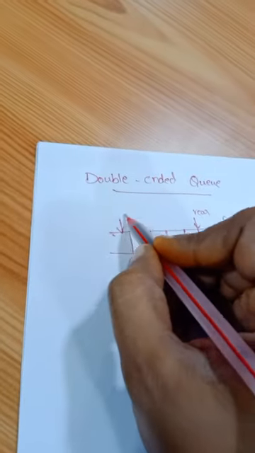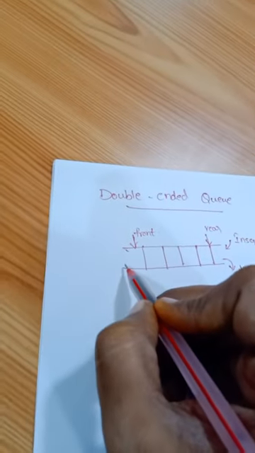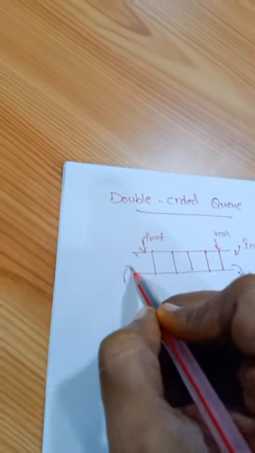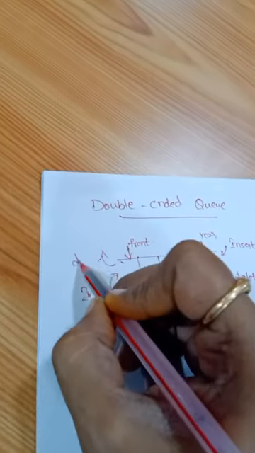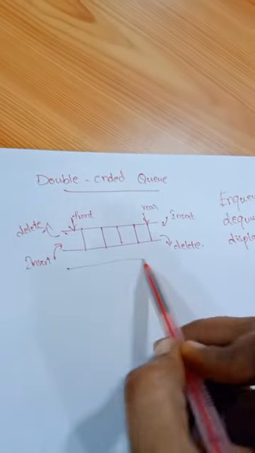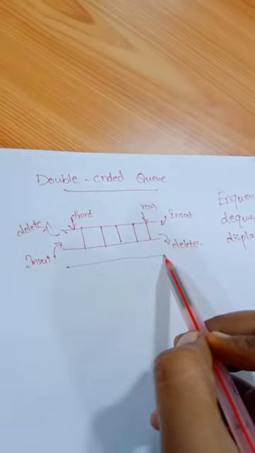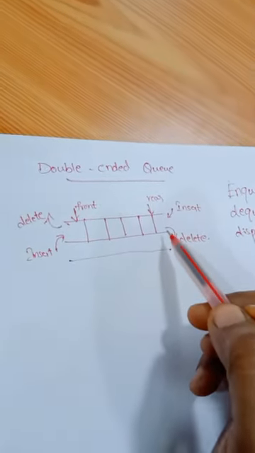And this is the front end. From the front end we can insert an element or delete an element. So this is called a double-ended queue, and compared with the normal queue, we have double ends.